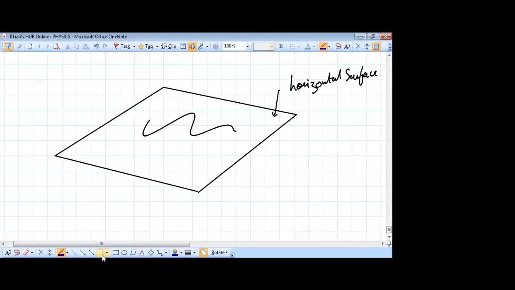In which this is the north-south direction. And this is the east-west direction. This is north.